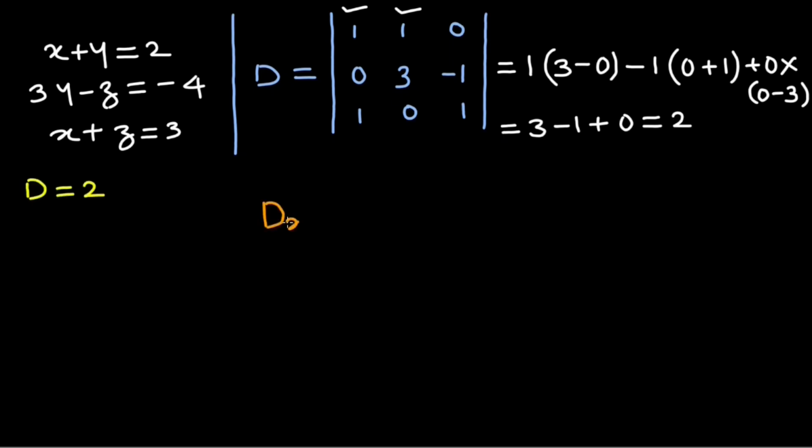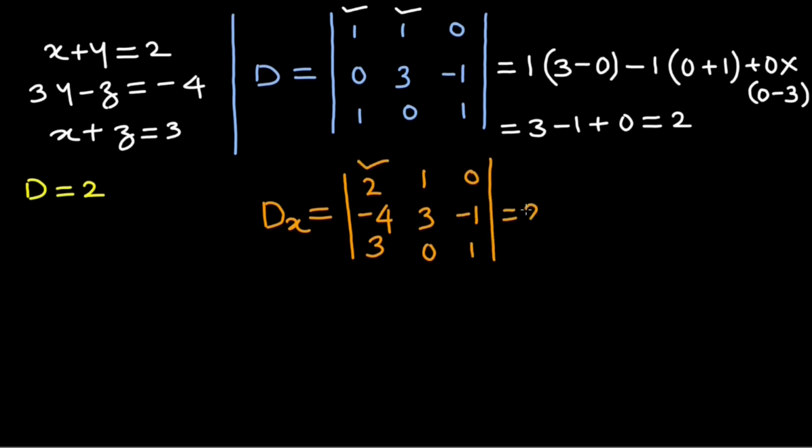Next, determinant Dx, which will be, replace the coefficients of x by the constant terms. So it will be 2, -4, 3. Then coefficients of y: 1, 3, 0. Coefficients of z: 0, -1, 1. It will be the first element 2 multiplied by its minor, which will be 3 minus 0, then minus sign.